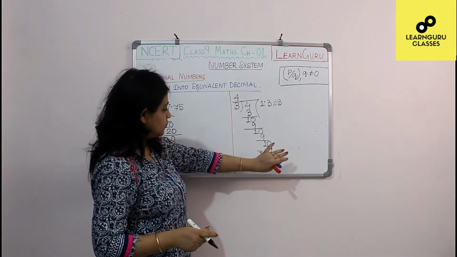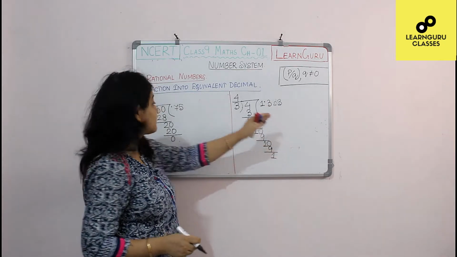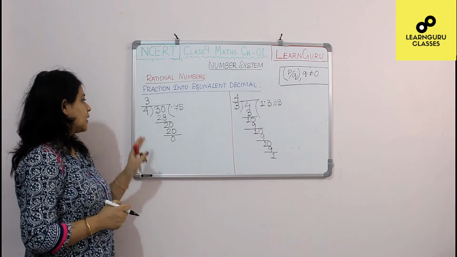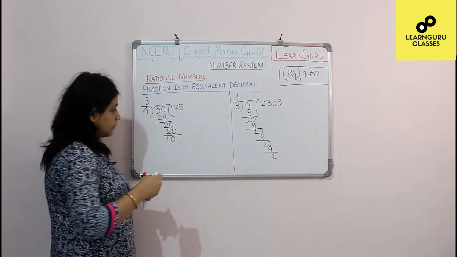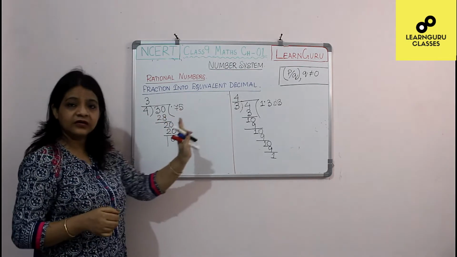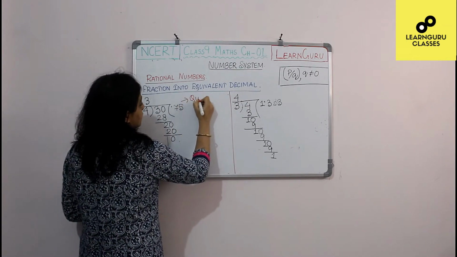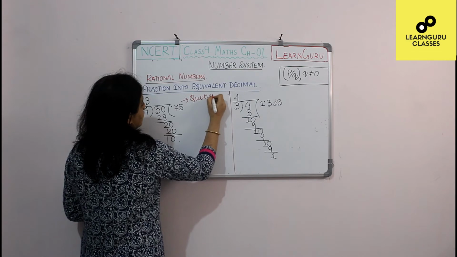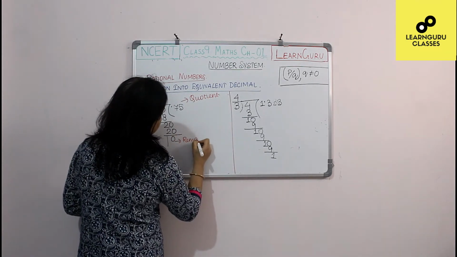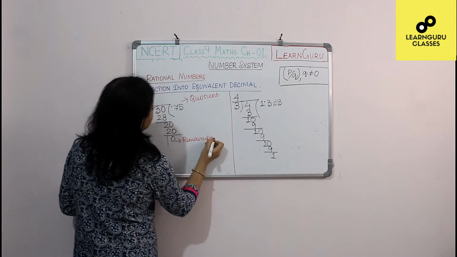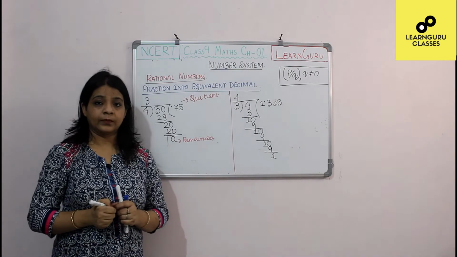Okay, so up to this, let us pause this division, come to this expression. Now if you see here, do you know the parts of the division? This part is called the quotient, isn't it? This part is called the remainder. So you see that the remainder has come out to be 0.